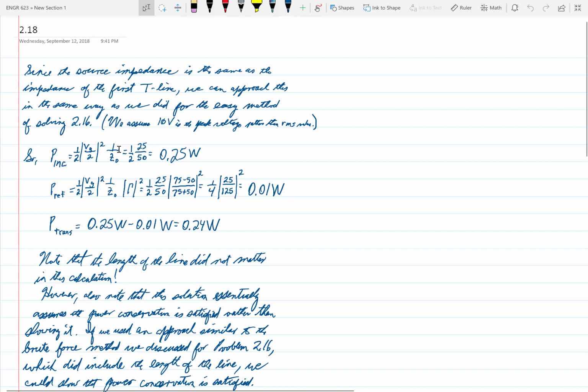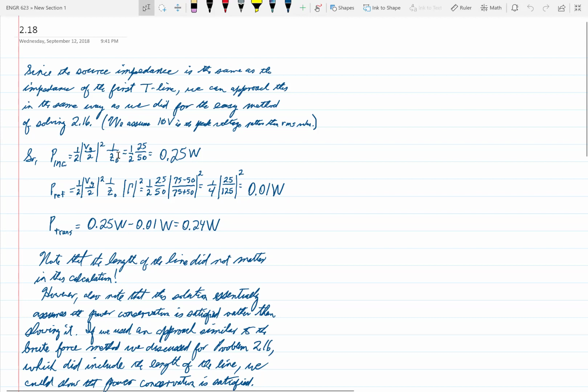Now remember, in equation 2.37, this term right here, the 1/2 times Vg over 2 squared times 1 over Z naught, was multiplied by 1 minus gamma squared. The reason for that is that equation 2.37 gives us the average power delivered to the load.